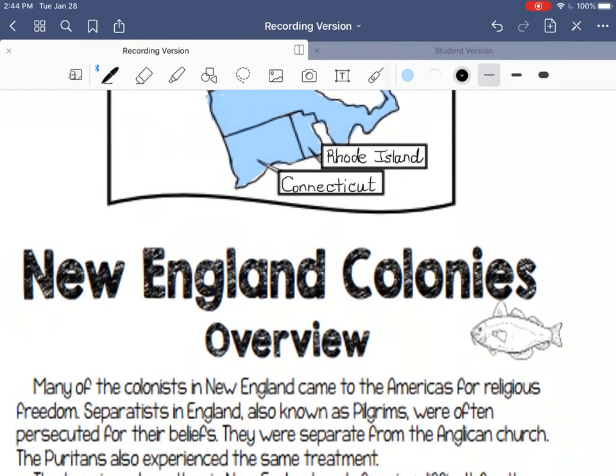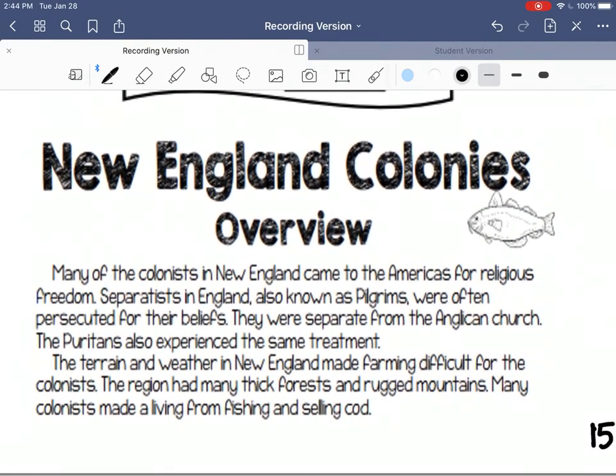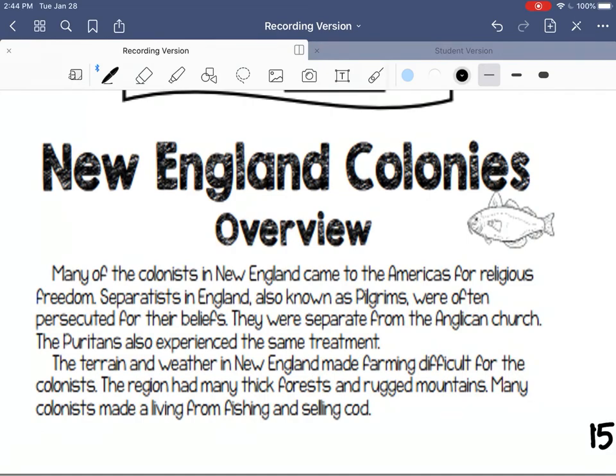So let's read an overview of the New England colonies. New England colonies overview. Many of the colonists in New England came to the Americas for religious freedom. Separatists in England, also known as Pilgrims, were often persecuted for their beliefs.